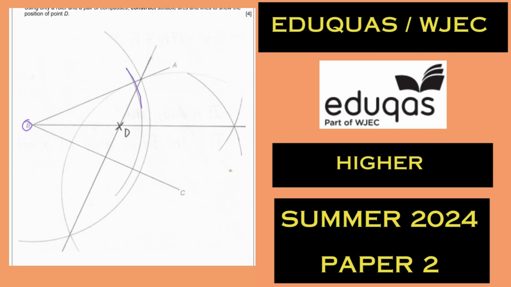This arc there. Lifting up my compass, metal bit on here, arc, metal bit on here. Those arcs cross, joining up with a ruler to your vertex. You get a couple of marks for your angle bisector. Now you need to do a perpendicular bisector for B and C.